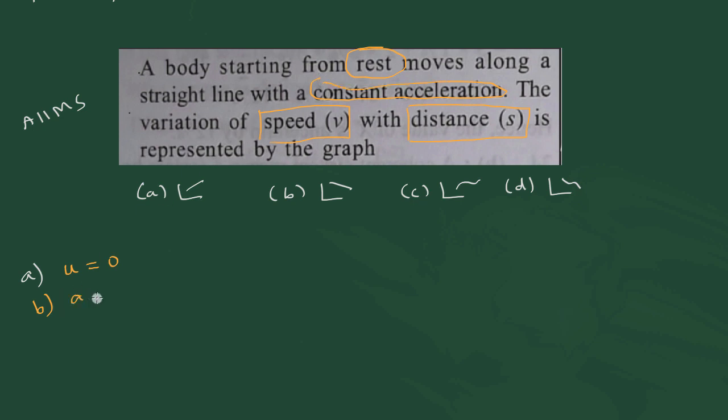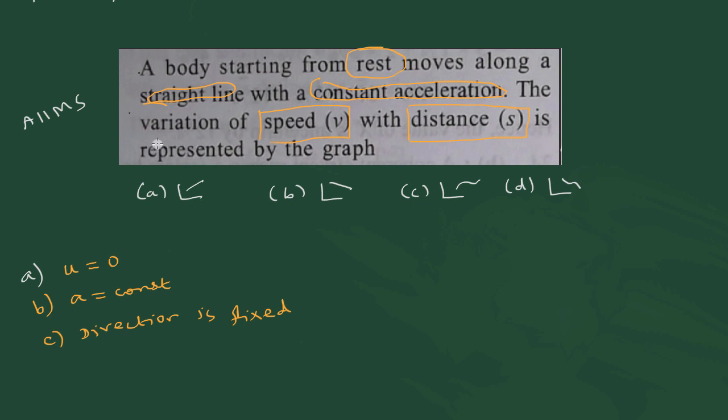Therefore, we say that acceleration a is a constant. And there is a third point, that the object is moving in a straight line. So therefore direction is fixed. That means you are not going to change the direction of the particle when the particle is moving. It is going to be moving in a particular direction.